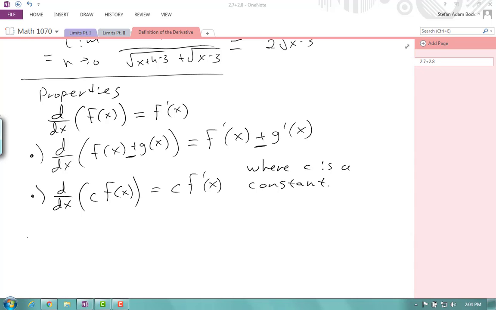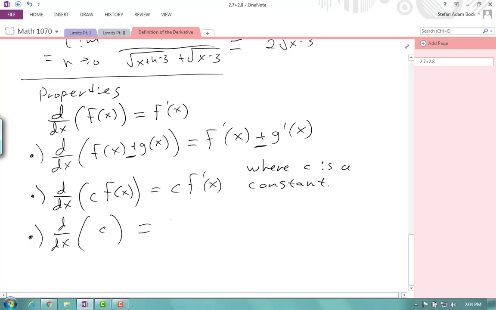And lastly, if I want the derivative of a constant, well, the constant function is just a horizontal line, y equals c. And the slope at all of those points is going to be equal to 0. So the derivative of a constant is always 0. And that's really all we can do with derivatives. For everything else, we have to try a little bit harder.